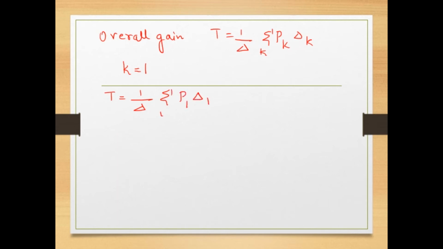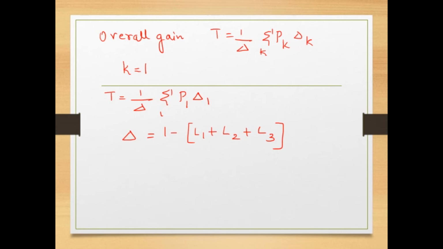So what is delta 1? First we'll write delta. Delta is 1 minus the sum of the individual loop gains. The sum of individual loop gains is L1 plus L2 plus L3, plus the sum of gain products of all possible combinations of two non-touching loops.